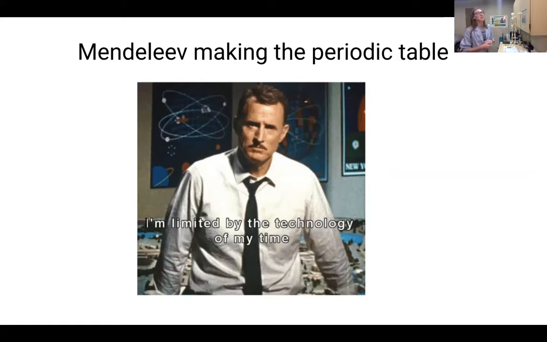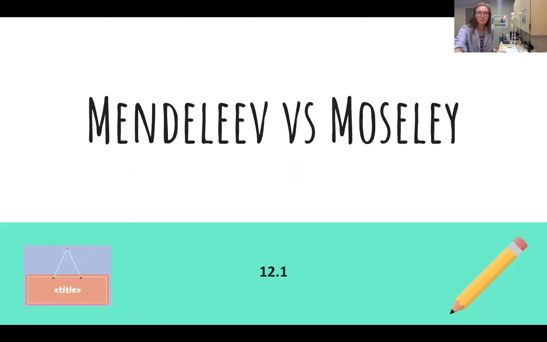He didn't have access to things like protons or electrons. He says, these are the elements that I know about. I know some of their general characteristics, things like density, color, and state of matter, but he didn't have any access to the cool stuff that we did here today. So just keep that in the back of your mind. Don't judge Mendeleev too hard, because he's severely limited by the technology of his time.